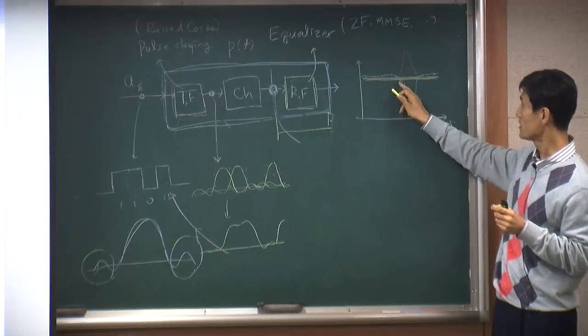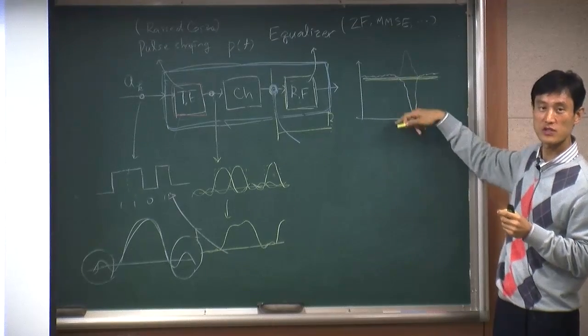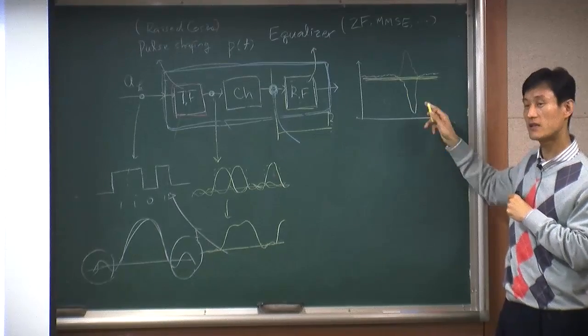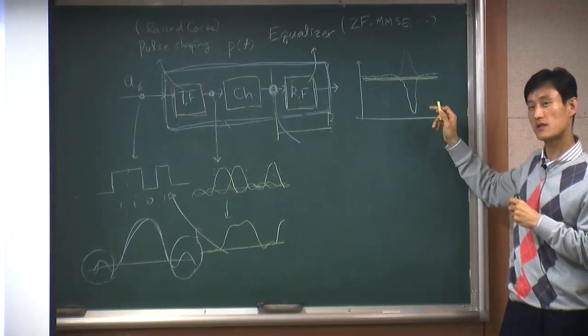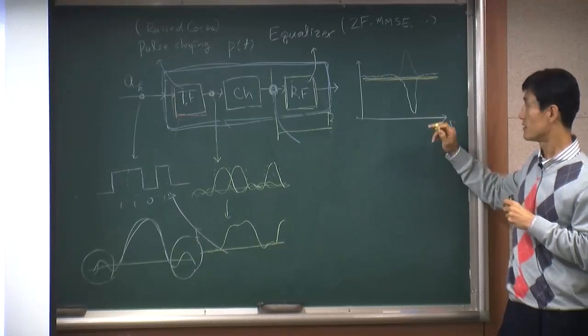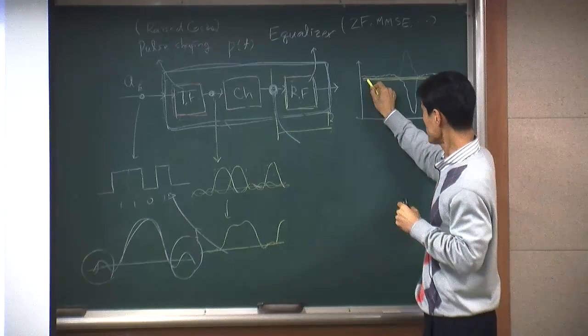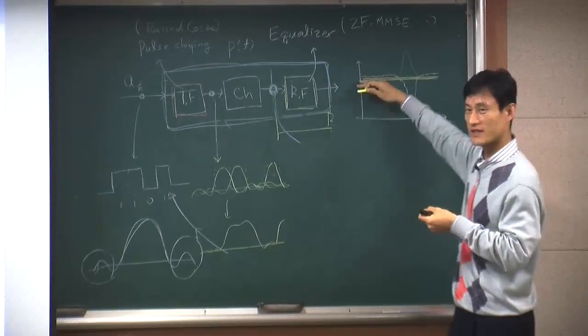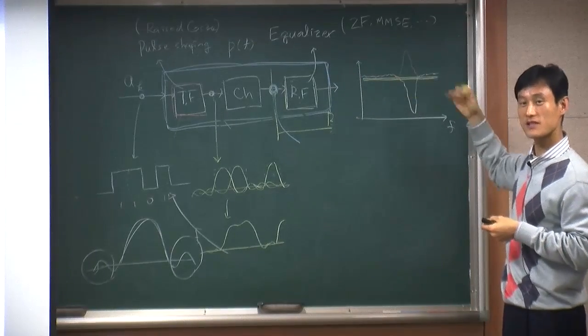Because of this hearing aid, you can still hear with a pretty good gain. That's what the hearing aid does, that's why we need a hearing aid. So this is the concept of equalizer. You see the equal here? That is the concept of equalizer.